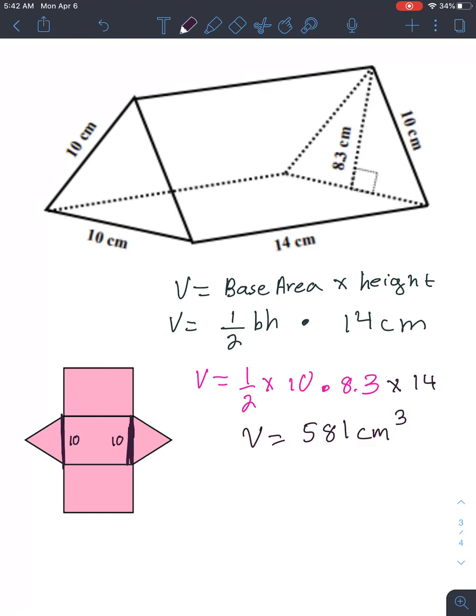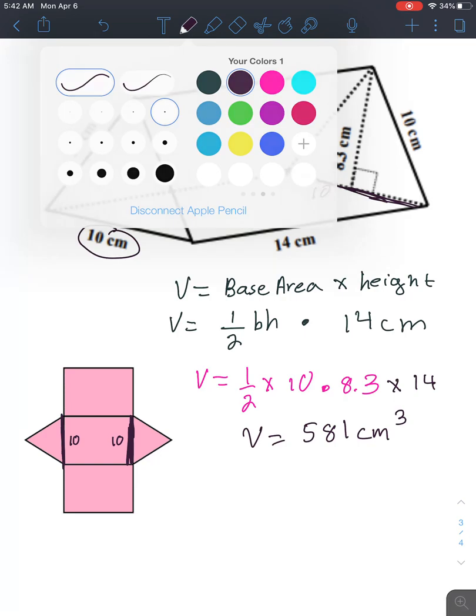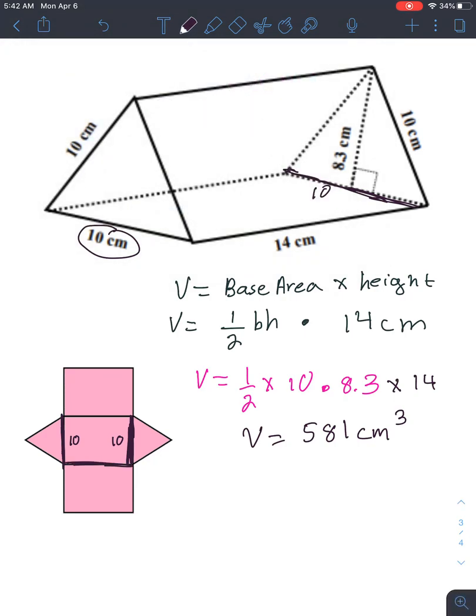We know that because this is 10 and this is 10. The long side is 14, and you can see that here with this flat rectangle. Since we're finding surface area, we're eventually going to find the areas of the shapes, so we need to know the height of our triangle, which is 8.3.